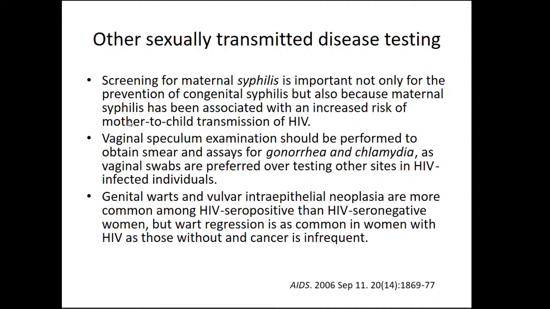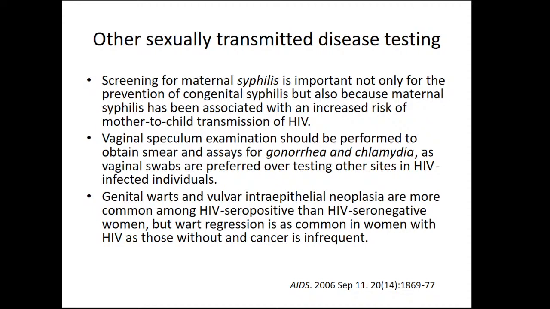Of course, other sexually transmitted diseases need to be kept in mind. Like I mentioned before, we have to check not only for HIV in our pregnant women, but also for HCV, HBV, and syphilis. Thank God, it's not very common in our country nowadays, but probably in your countries there may still be high numbers of patients with this infection.